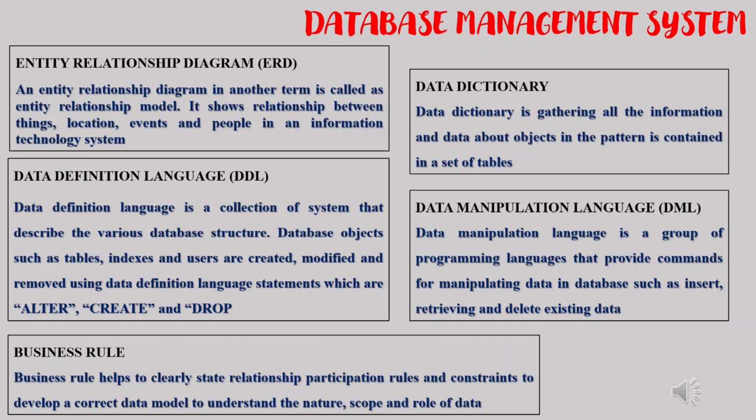Next are the business rules, which help to clearly state relationship participations. Next is the data dictionary, which gathers all information about objects in the database and is contained in a set of tables. And lastly is the DML, a group of programming language commands for manipulating data in the database.